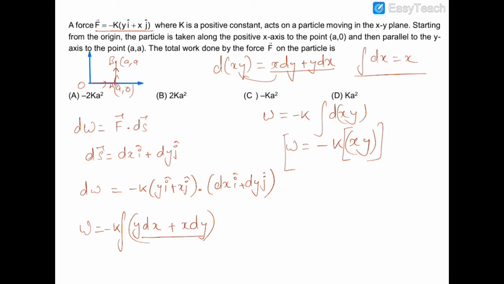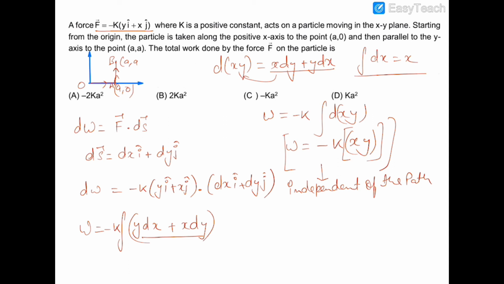now this also leads us to a conclusion that this work done is not dependent on the path, and it is independent of the path, because we didn't require any knowledge of path to evaluate this work done.